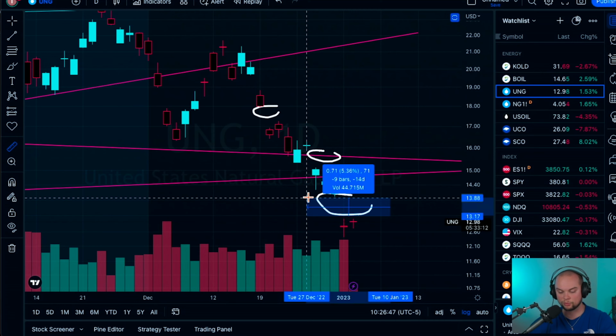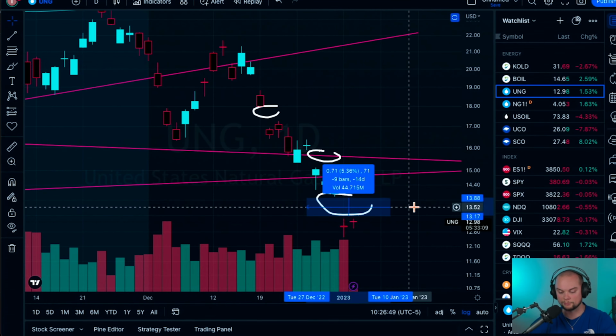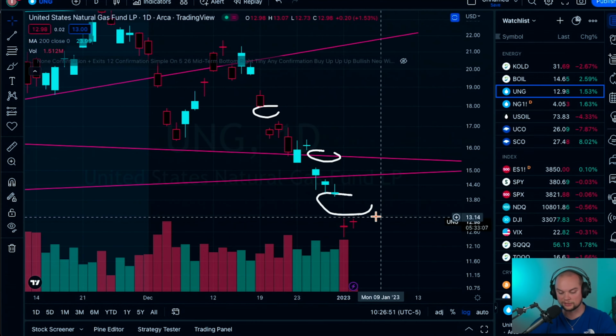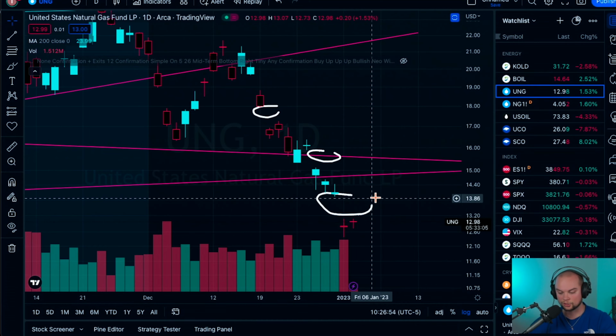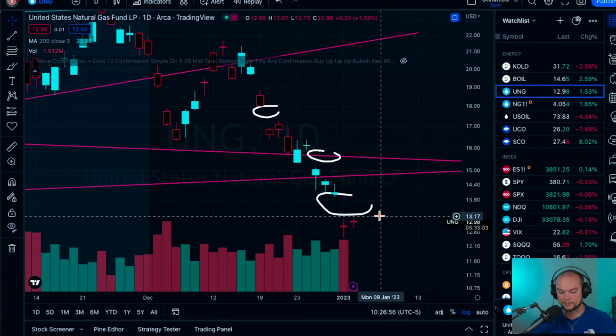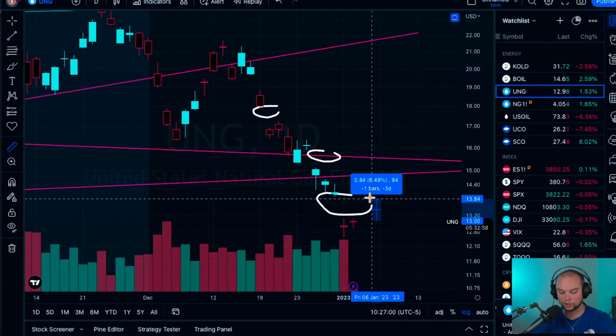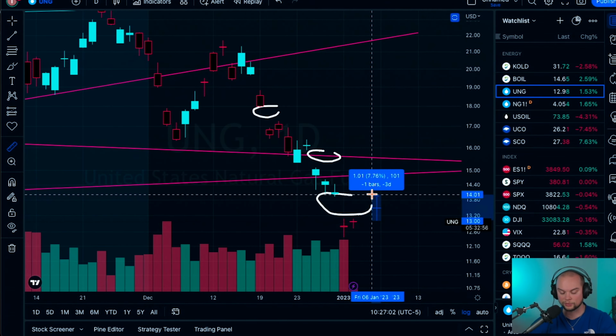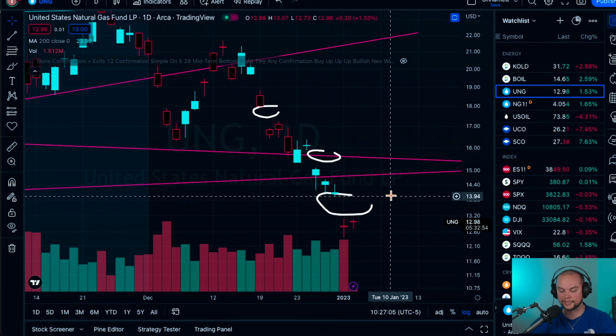So a 5.5% movement between the gap here at 1314 and 1386. That's a gap that more than likely will be filled. That's wick to wick, but looking at it from close to close, that's 7.7%. So that's a gap that's likely to fill here, guys.